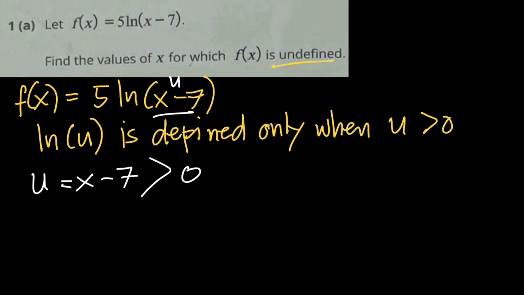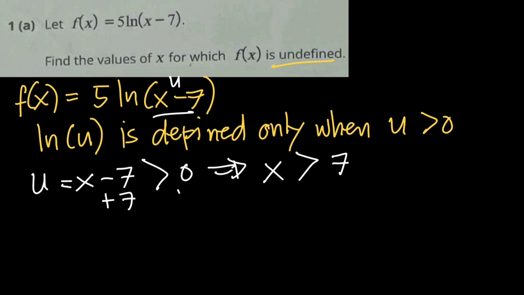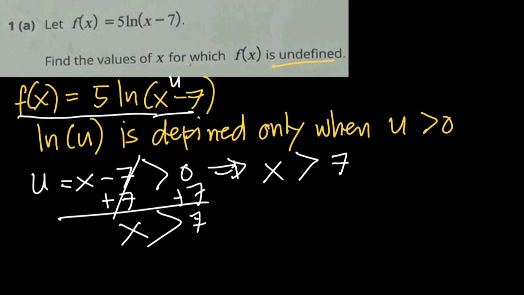And now we can solve for the value of x. x minus 7 is greater than 0. So the value of x here is greater than 7. So we add 7 to both sides. This cancels out. So that's how we got x greater than 7. So that means the given function here is defined when x is greater than 7.